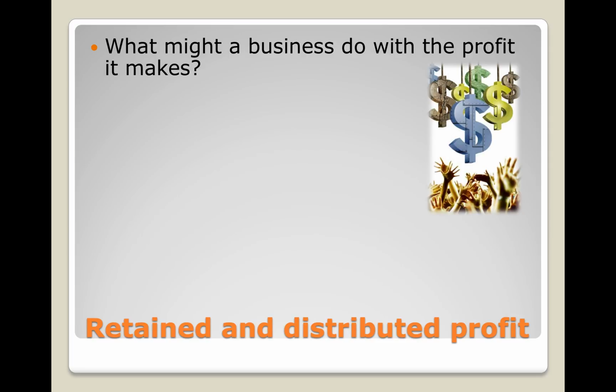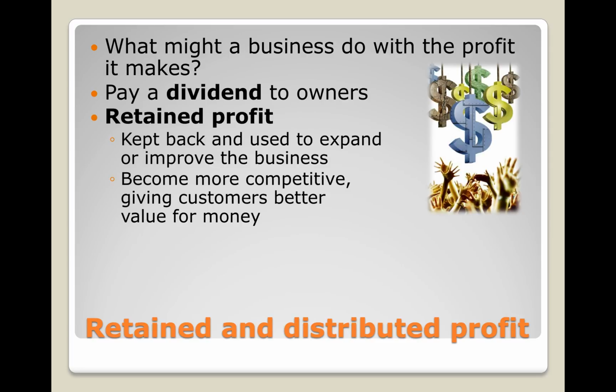So when the business gets the profit, what will they do? They have two ways of doing it. One is they pay dividends to the owners. Whoever invested in the business, they paid money for it. If you get the profit, they will divide it among a certain number of people, so they will all get dividends. But on the other hand, they may say, no, we don't want it. We want to make our business better.